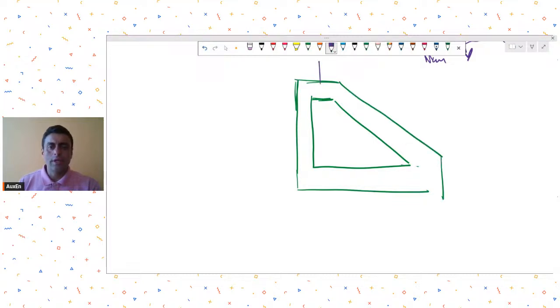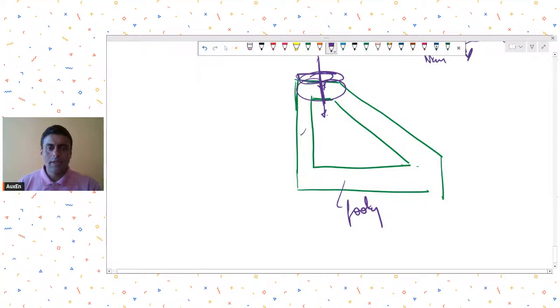This is your column, and this is my footing. Somehow you are able to ensure that the column load acts like this on this element.